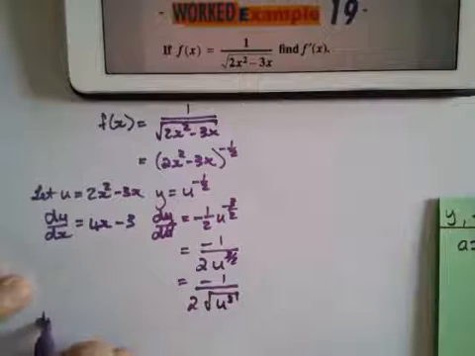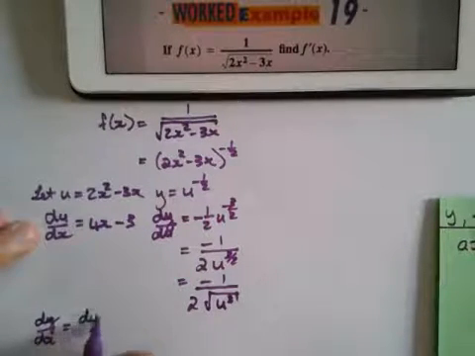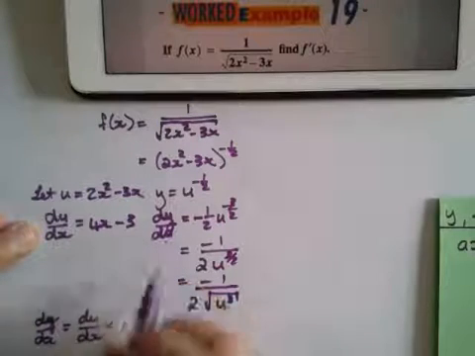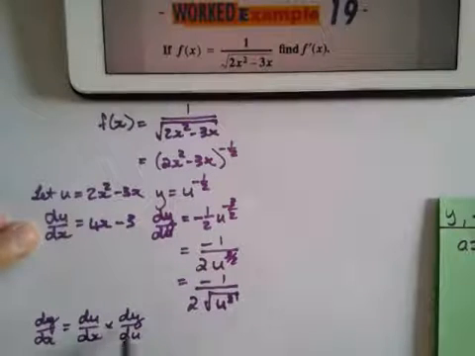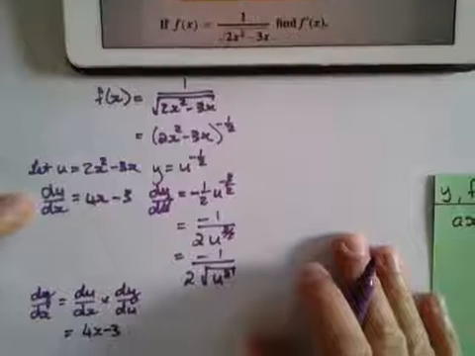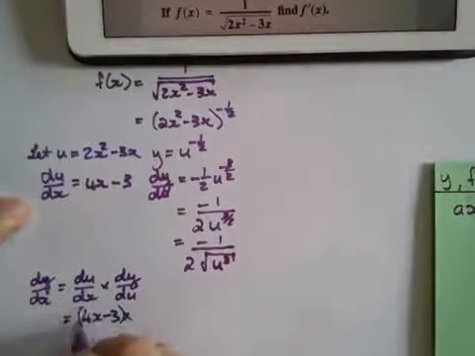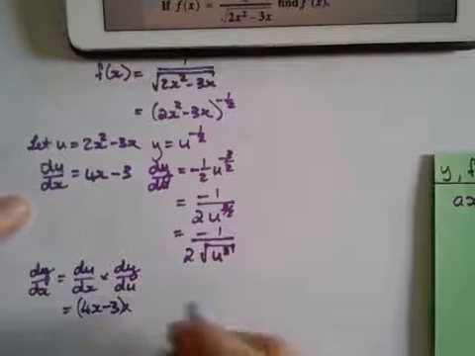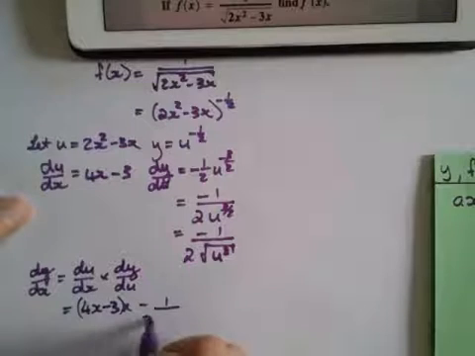Now, if I want to find dy/dx, that is du/dx multiplied by dy/du. du/dx is 4x minus 3, multiplied by dy/du, which is negative 1 over 2 times u to the power 3 over 2.